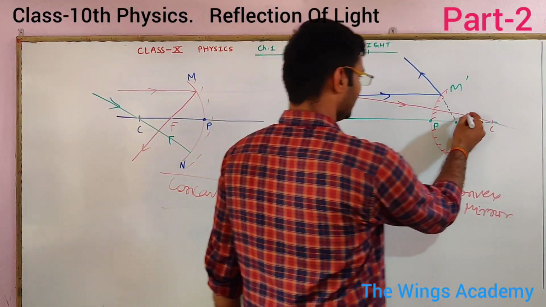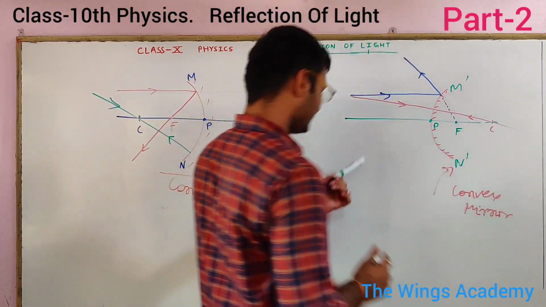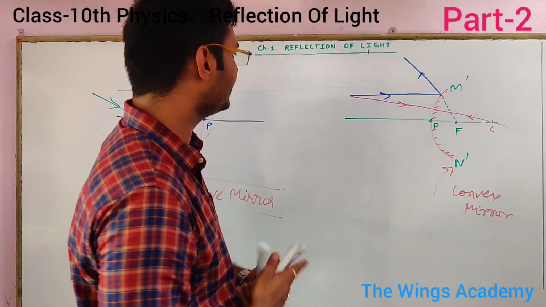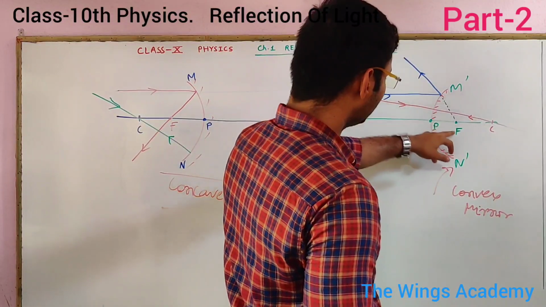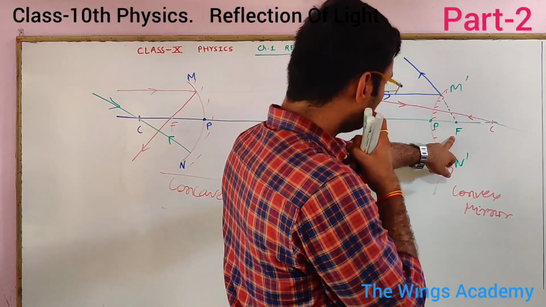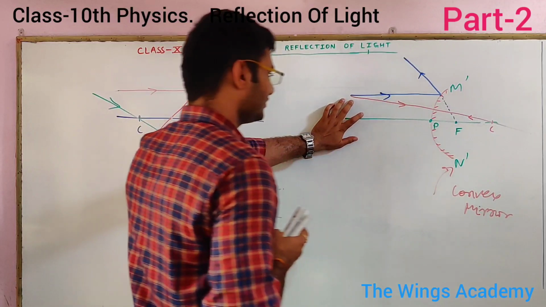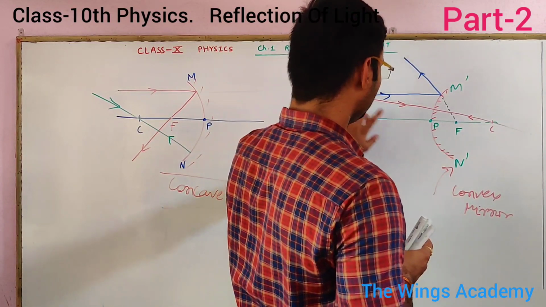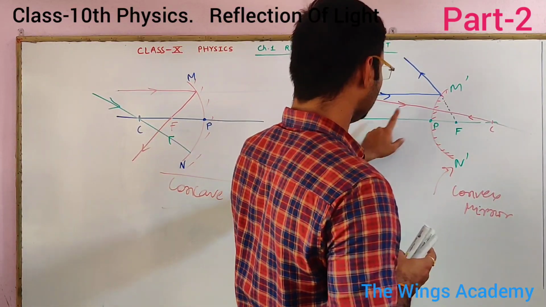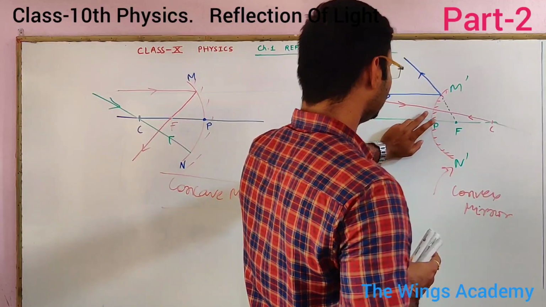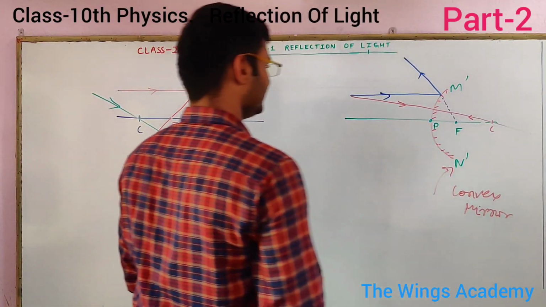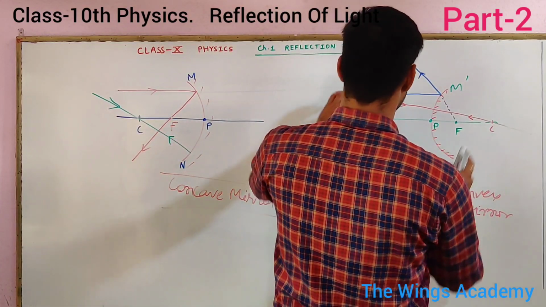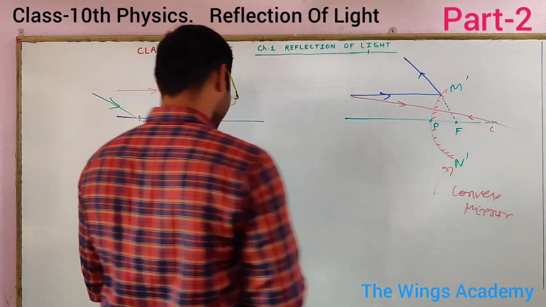So these are the two important rays for image formation. The first one is parallel to the principal axis, which appears to cut the focus, and the second one goes through the center of curvature and retraces its path after reflection from the convex mirror.